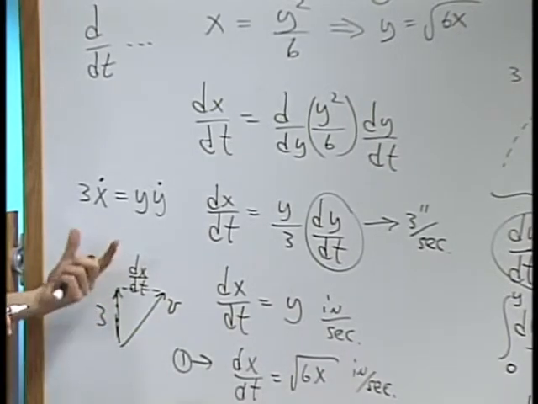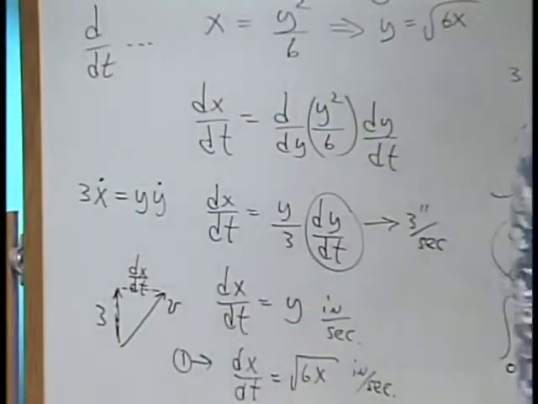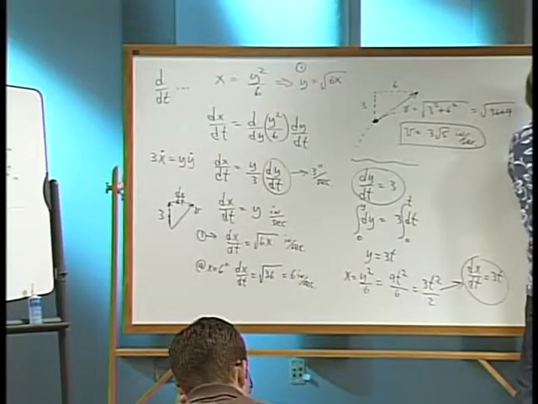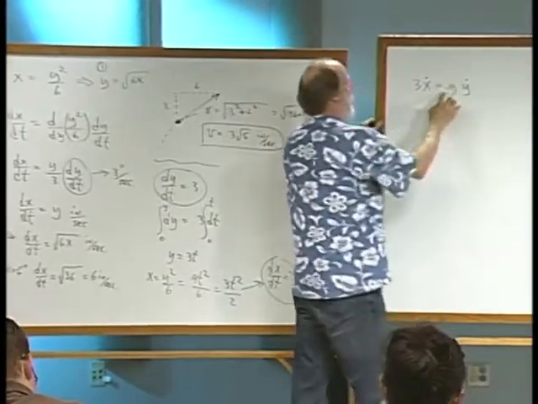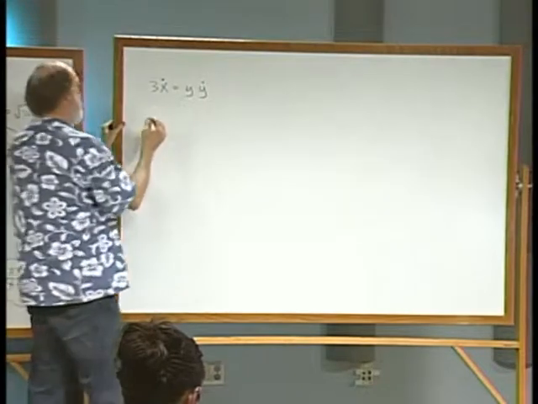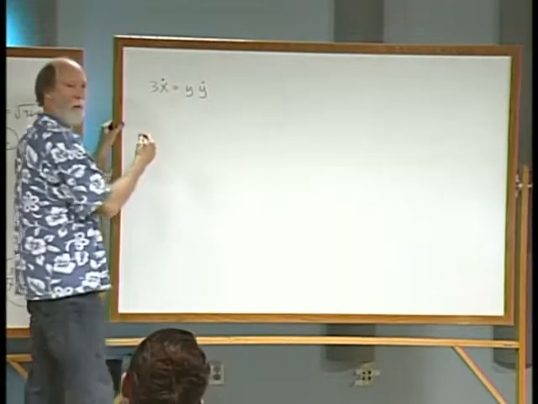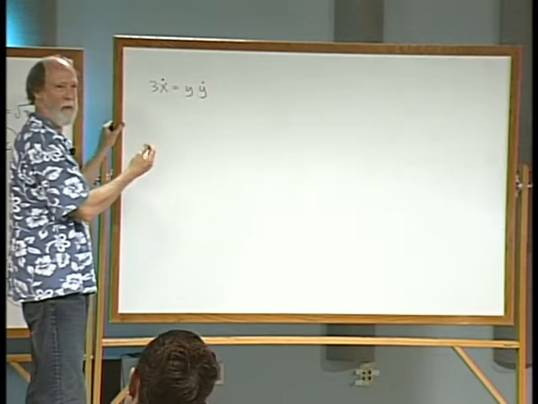Okay? Now let's come on in and differentiate this differential equation. So we have 3x dot equals y dot. Every one of these variable functions here are functions of time. So if we differentiate, and I'm not sure where this is taking us, I'm just playing with the math to see if we can get some insight.